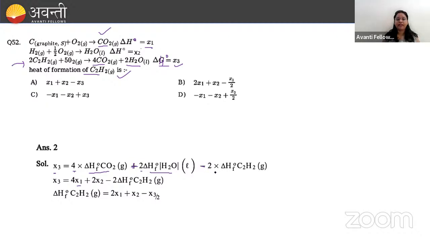And I have subtracted the delta H of formation for C2H2 from that, which we don't know. So I have rearranged this equation this way, and we get the answer (2x1 + x2 - x3)/2. That is option B, right? You get the idea of this question.